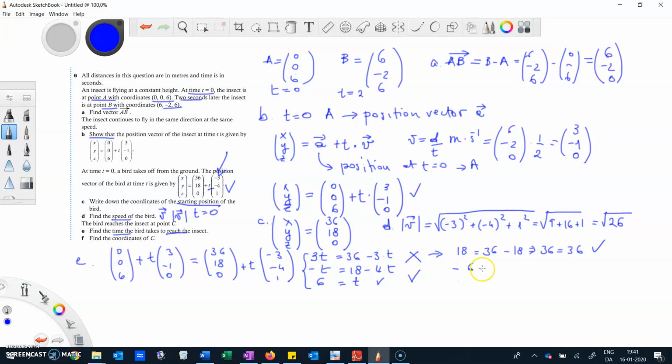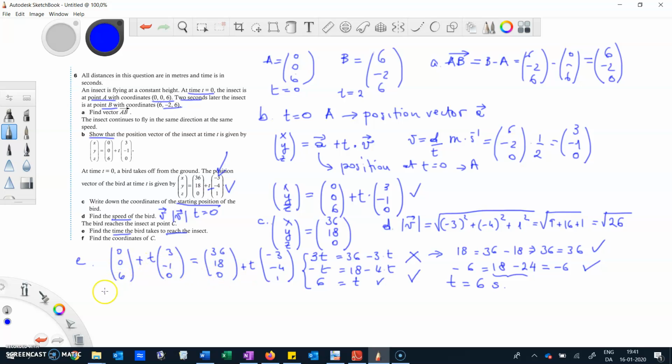We have minus 6 equal 18 minus 4 times 6, which is 24, which gives me this part, minus 6. And here again, we agree with the left-hand side. So this one is verified. So it means that point E, we can answer it with a time of 6 seconds.